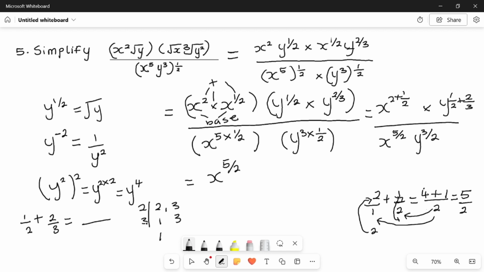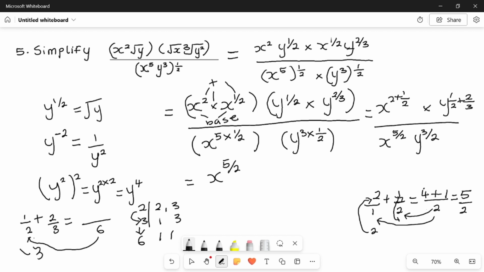3 into 3 will give us 1. So it will now be 3 times 2, which will give us 6, right? So the LCM here is 6. Then if we do 6 divided by 2 here, we get 3.